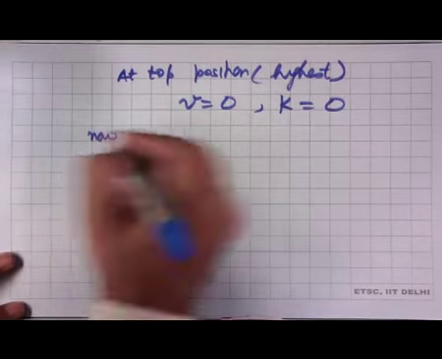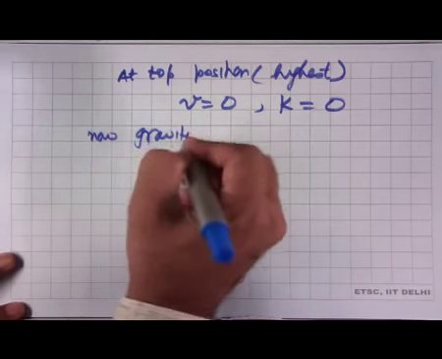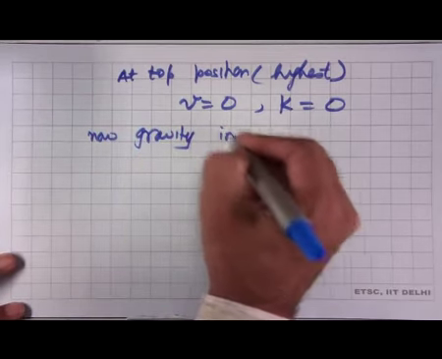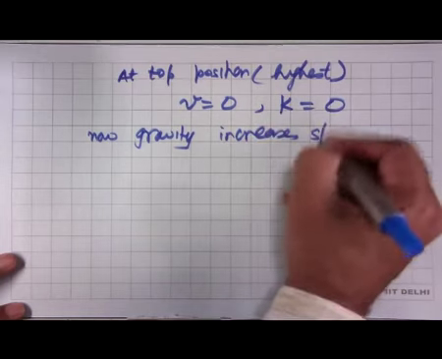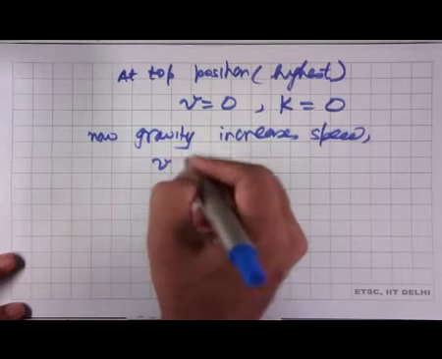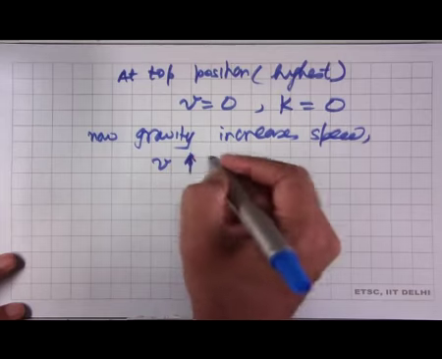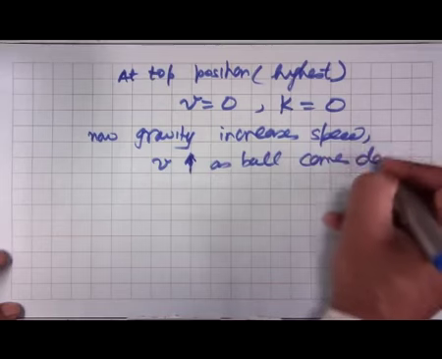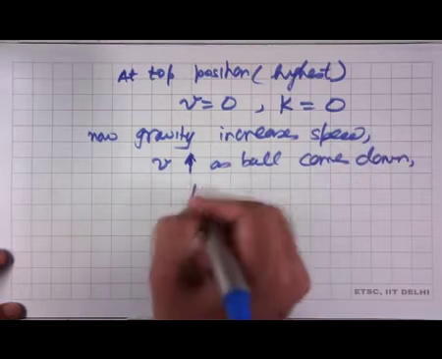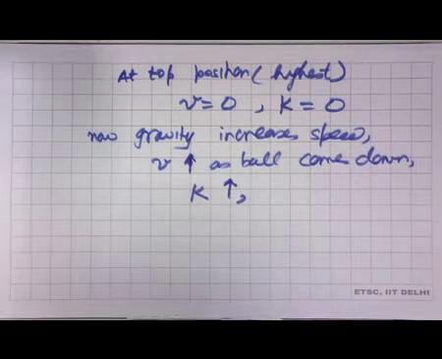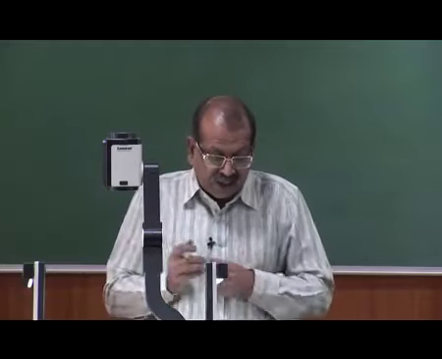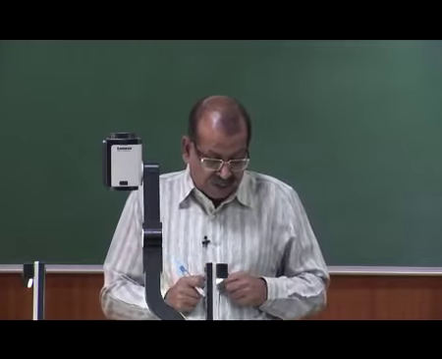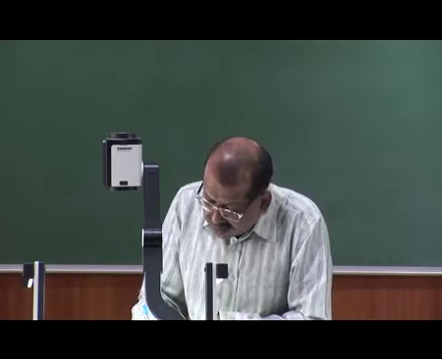Now, gravity increases the speed, and so v increases as the ball comes down, by v I mean the speed. So, kinetic energy once again increases, and as the ball comes to the ground level, the kinetic energy restores its initial value.